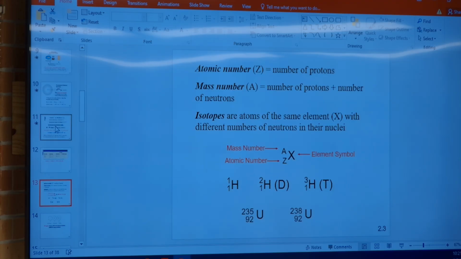Atoms from the same element could have some differences because some atoms contain more neutrons, so the mass is heavier. Some atoms contain fewer neutrons, so mass is lower. Right? Okay.